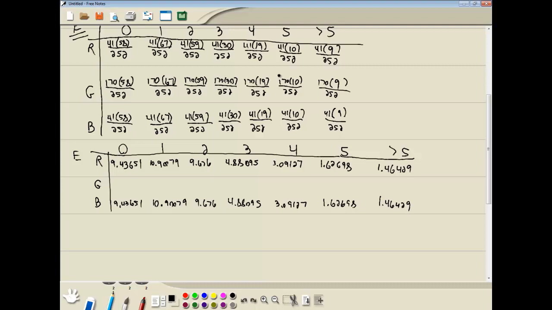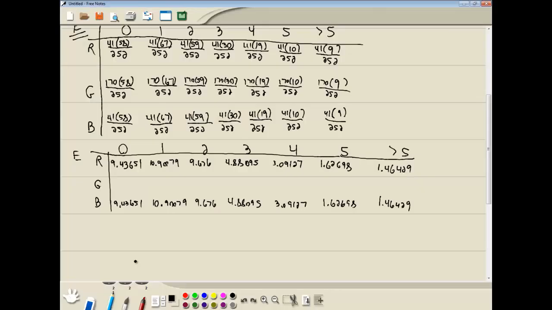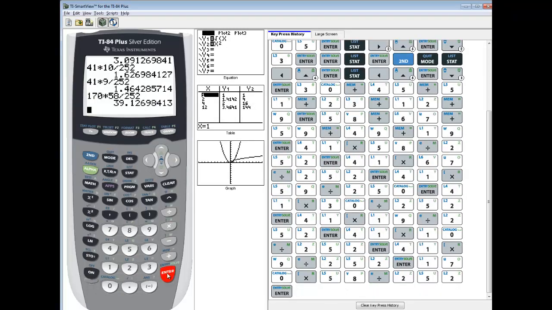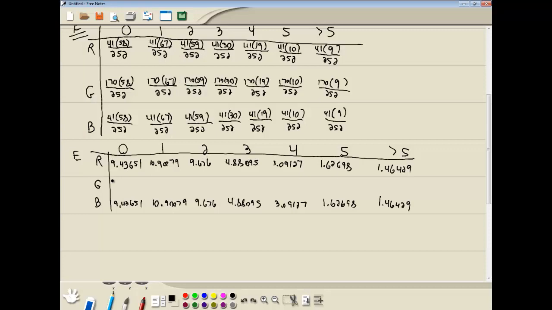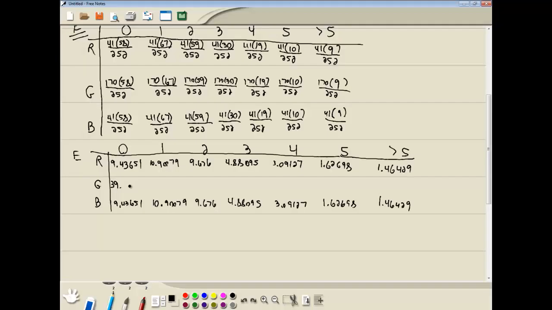Now we're going to do the green. So we got 170 times 58 divided by 252. 39.12698.